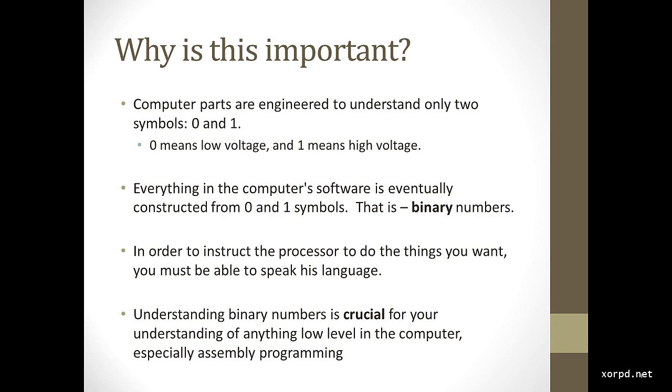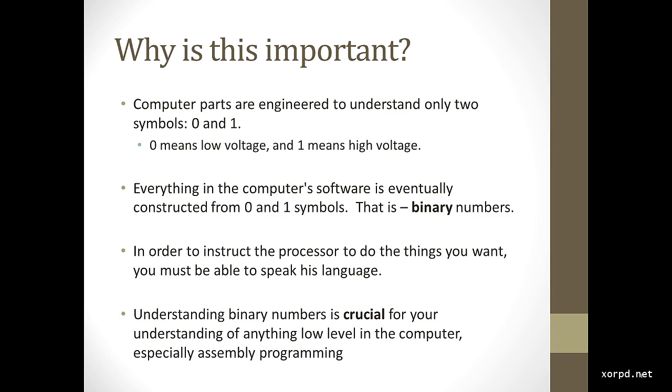Why is this important? Maybe you ask yourself, how come we learn about math in a programming course? You might be wondering, why would you want to know about numbering systems when all you want to do is write computer programs? This is an important question.